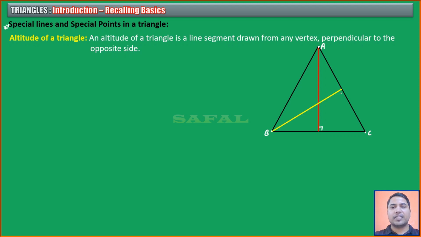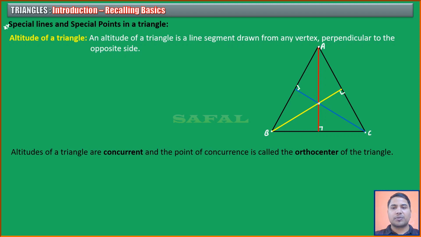Similarly from B I can drop a perpendicular to AC, and from C I can drop a perpendicular to AB. So a triangle has how many altitudes? 3 altitudes. And all the 3 altitudes meet at a common point, and that common point we call the orthocenter of the triangle. The altitudes of a triangle are concurrent and the point of concurrence is called the orthocenter, generally denoted by H. Very simple.